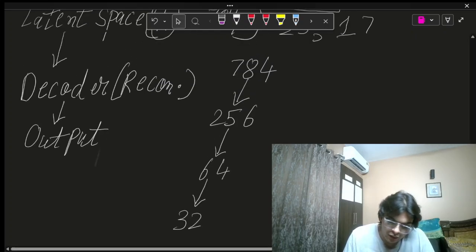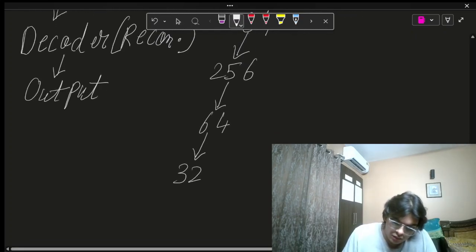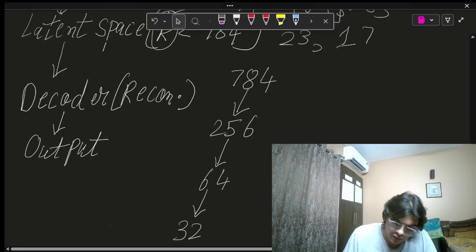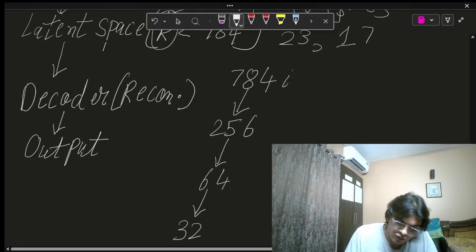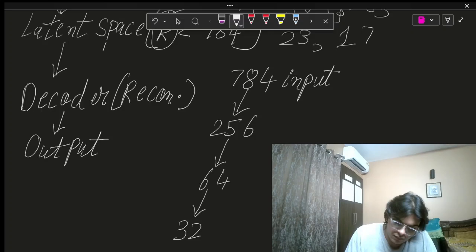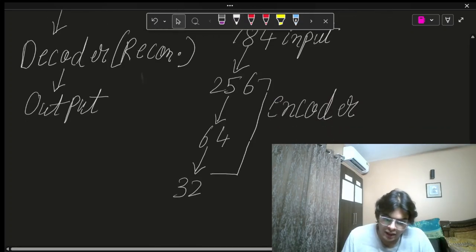Very important, this 784 was the input, and these three reductions till now are happening using the encoder, because the encoder is learning the underlying patterns first of all. Then we get to 32.